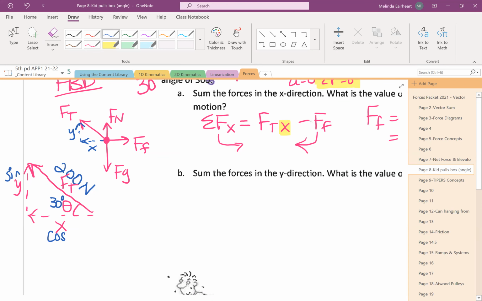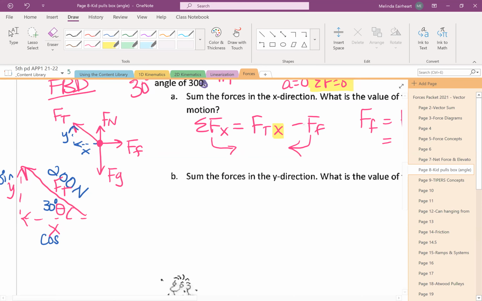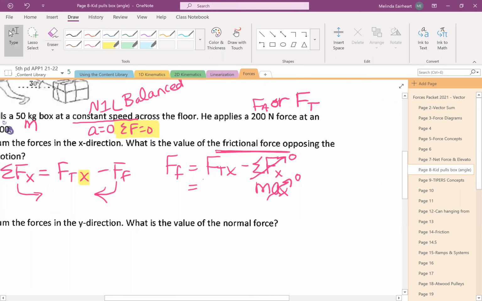And so just like we did with projectiles, I'm going to plug in my hypotenuse. I'm going to use variables first. Hypotenuse is the tension force, and then times cosine theta is going to be our equation here. And again, a lot of times angles are with the horizontal, but it's not 100% of the time.